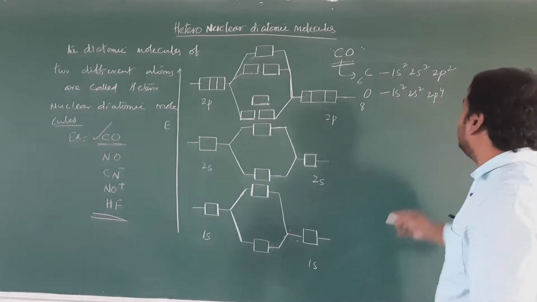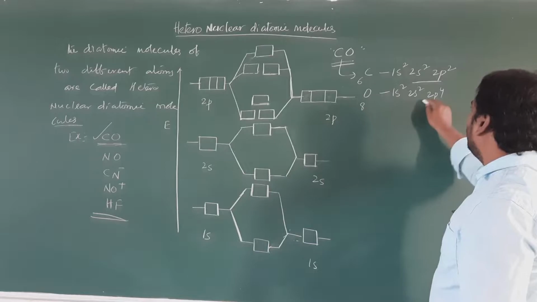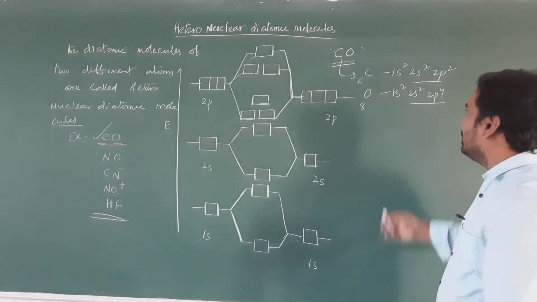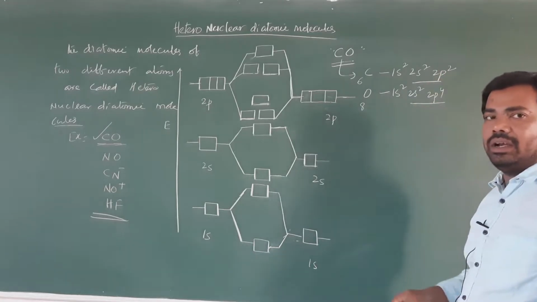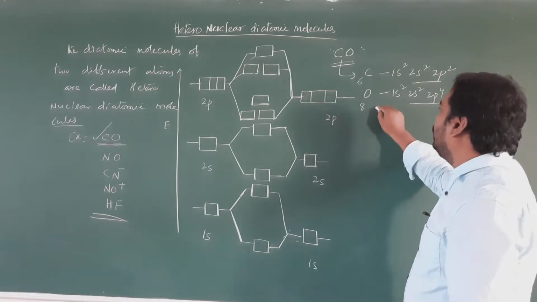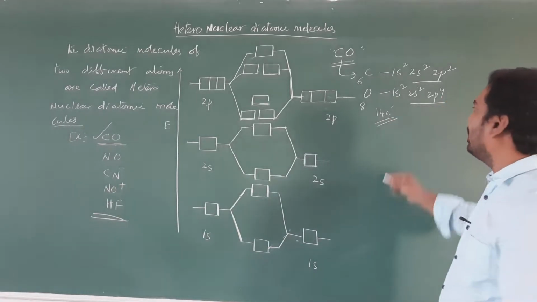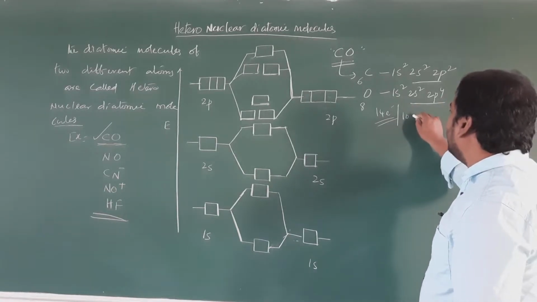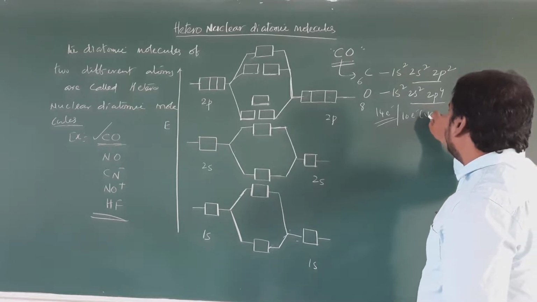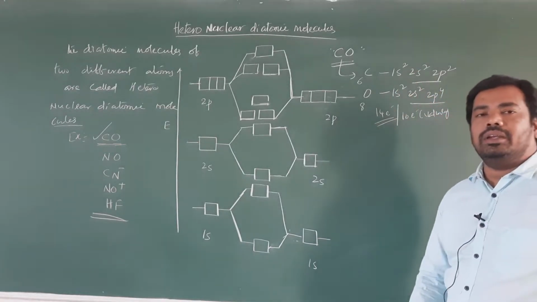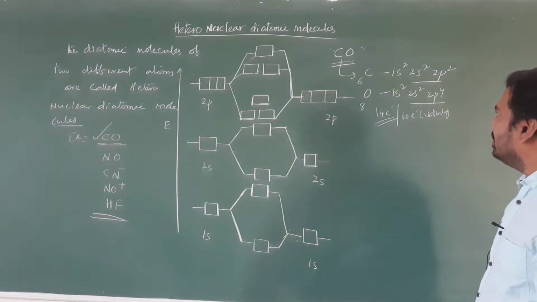The valence electrons are 4 and 6, so considering valence it is a 10 electron system. If you consider the core electrons as well, it becomes a 14 electron system.